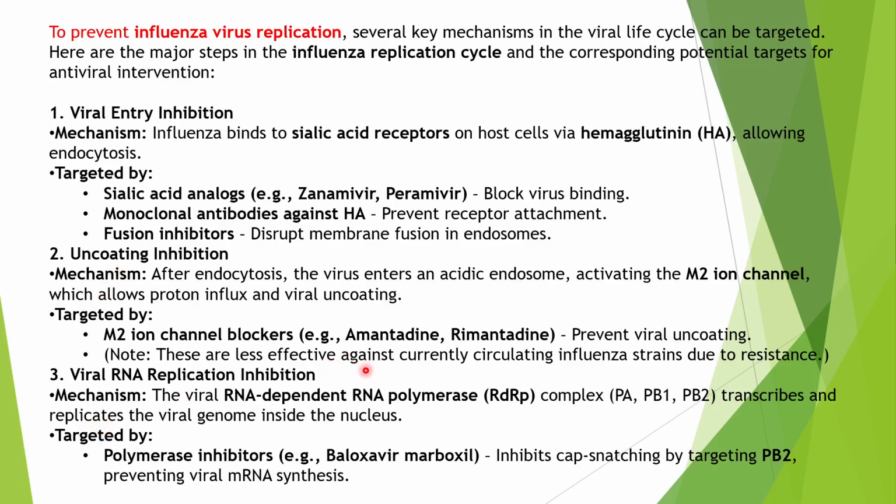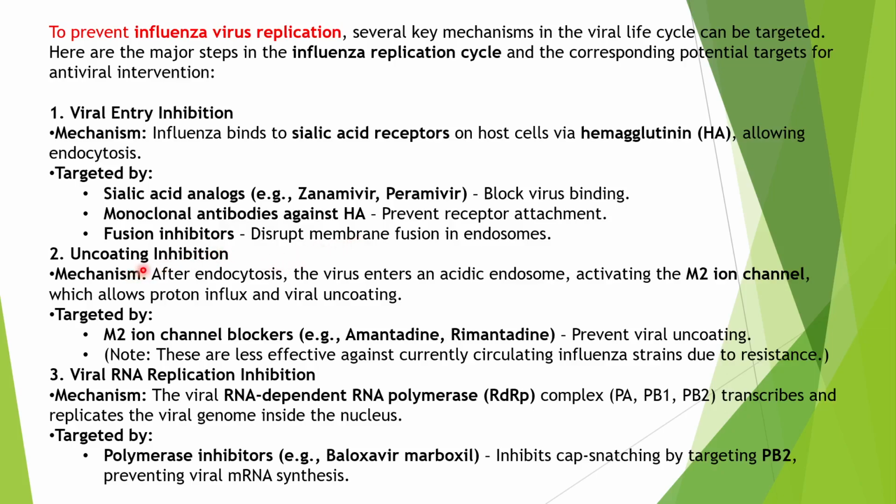and viral RNA replication. So for viral entry inhibition, we have sialic acid analogs, that is zanamivir and peramivir, and we also have monoclonal antibodies against HA, that is hemagglutinin. Then we have fusion inhibitors, which disrupt the membrane fusion of endosomes.